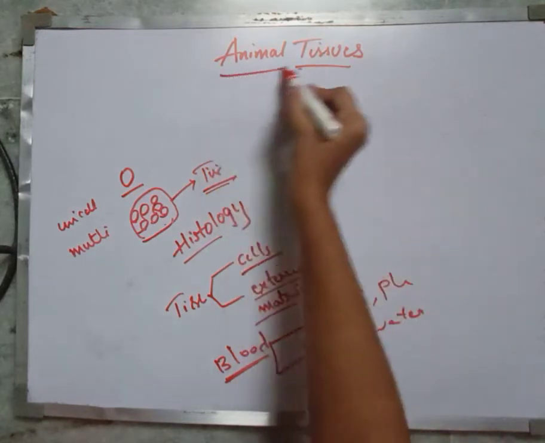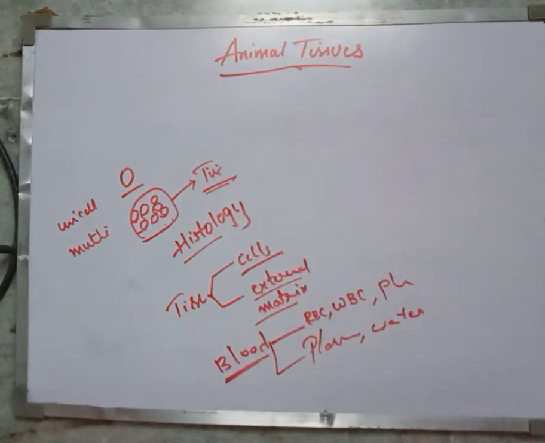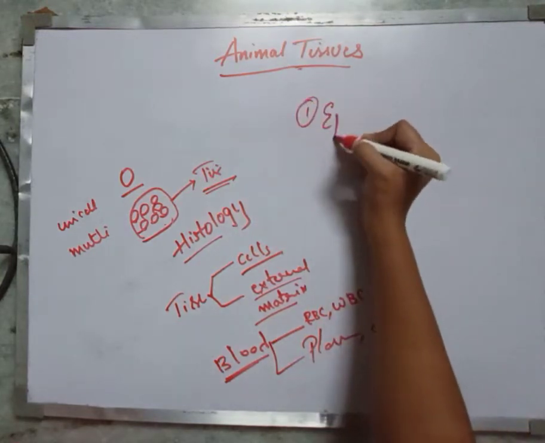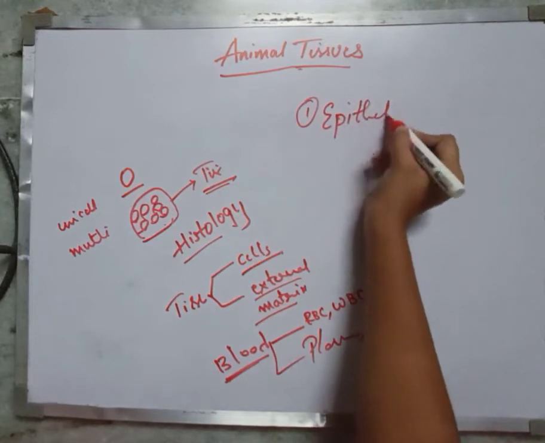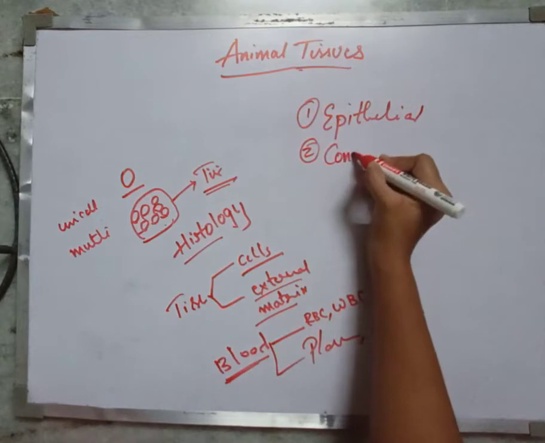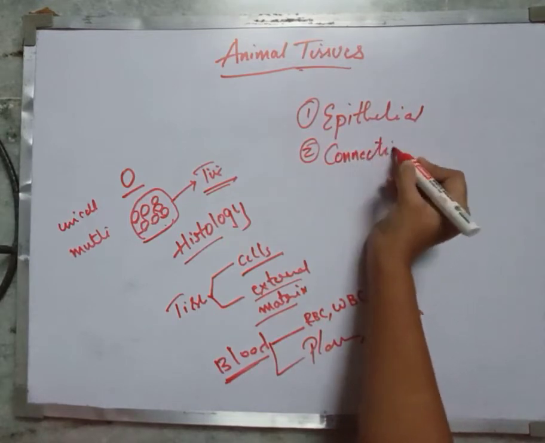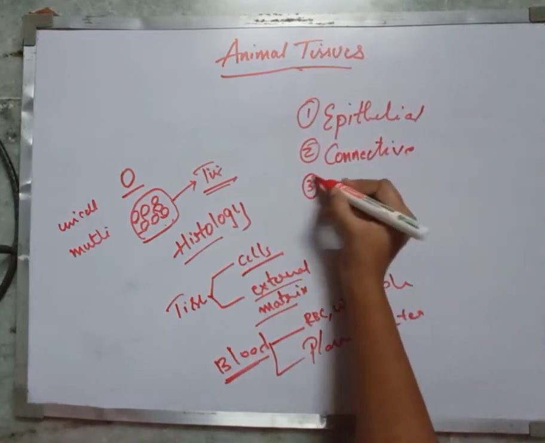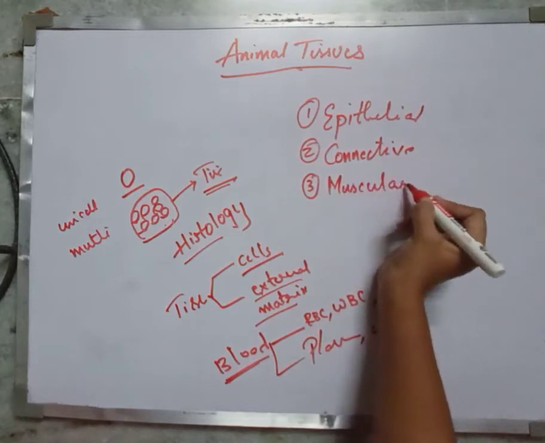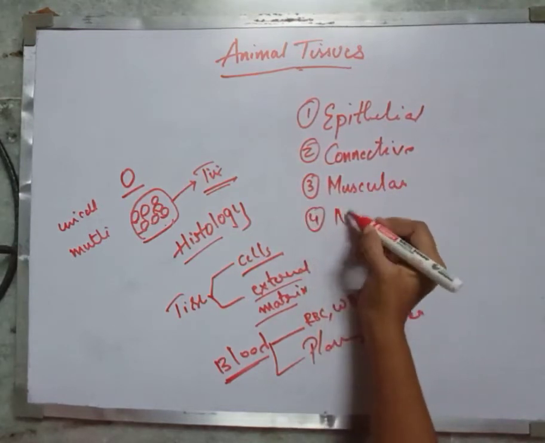In animals, tissues are broadly classified into 4 types. Number one is epithelial tissue, the second one is connective tissue, the third one is muscular tissue, and the fourth one is nervous tissue.